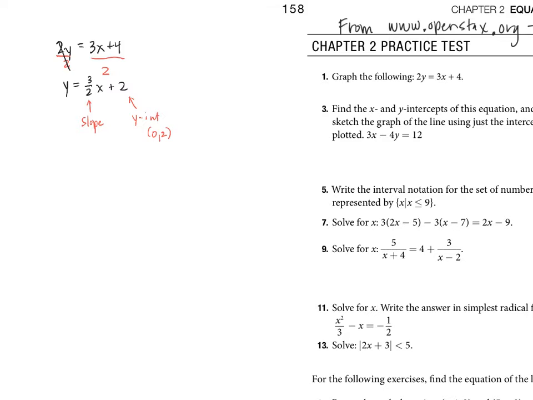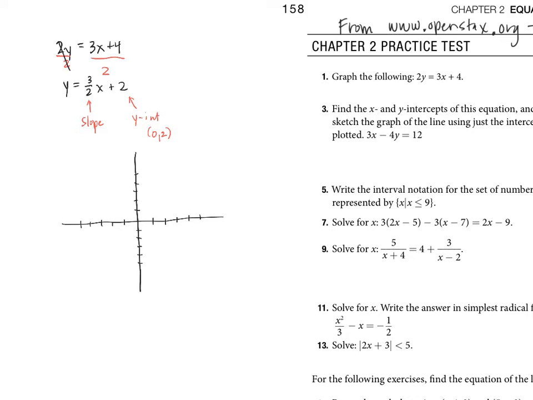Okay, and now that you know that, you can graph the line. So draw a quick grid here. Remember, when you're graphing a line, you always start with a point.